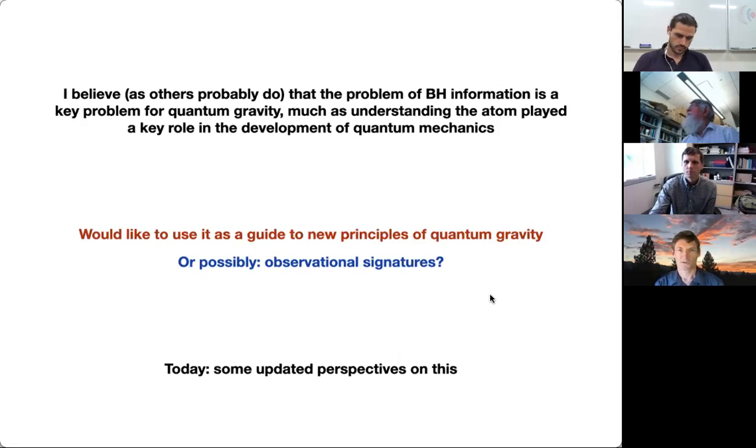And so if that's true, we should be able to use it as a guide to the new principles of quantum gravity, whatever they are. And even more interestingly, we may learn from this that there are observational signatures of quantum gravity. That is something worth seriously considering. So the talk today will update some perspectives on this whole story.